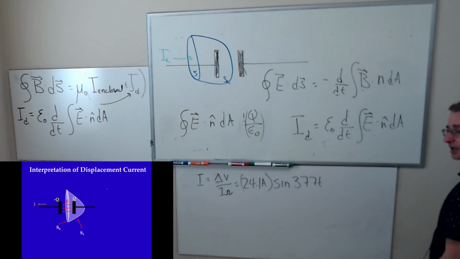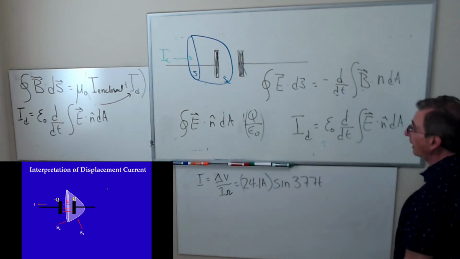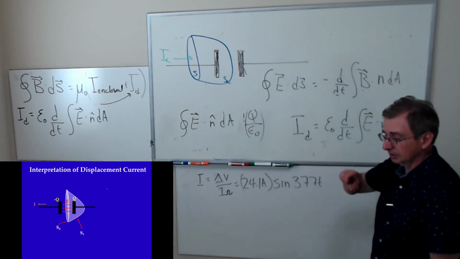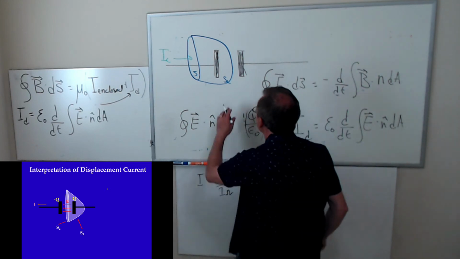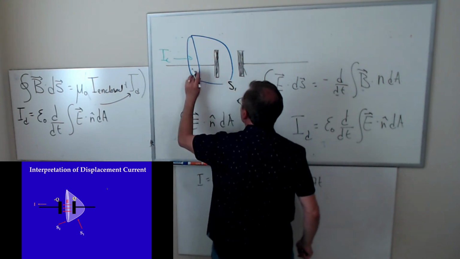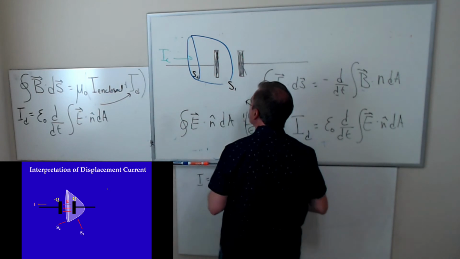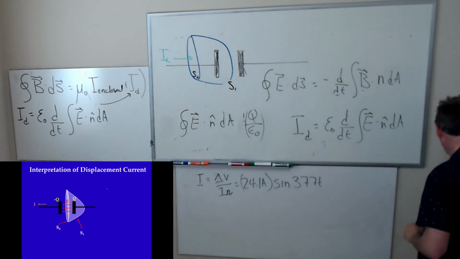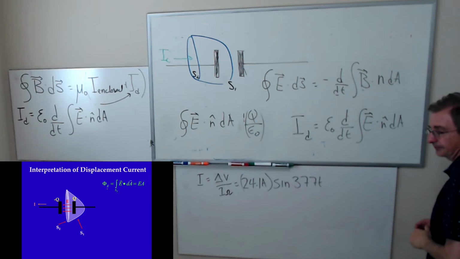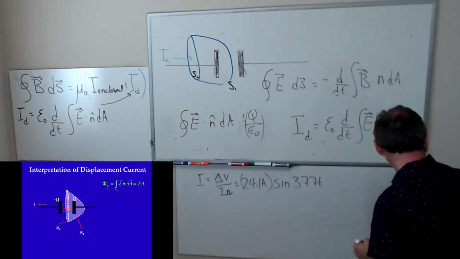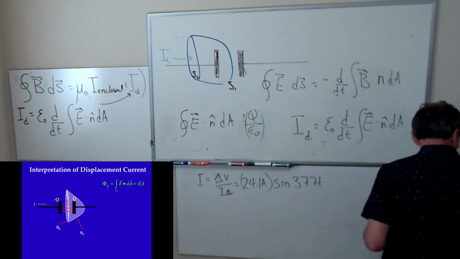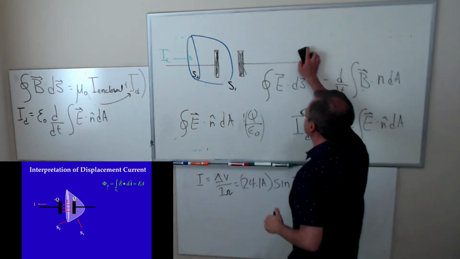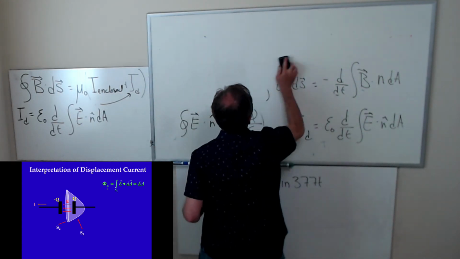So let's look at the interpretation of this displacement current. Let's go back and look at this example. I have the notation switched here, so let's call this S1 and this S2, and I want to calculate some things. Let me redraw my picture to make it like the slide.